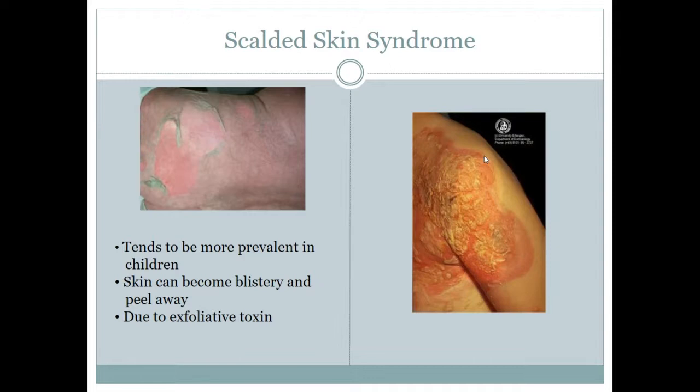Now, a more serious form of staphylococcal infection is scalded skin syndrome, and it's called this because it looks like blistered skin. It looks like skin that has been burned. Basically, the skin starts to peel away, and this is caused only by specific strains of Staph aureus that produce what's called an exfoliative toxin.